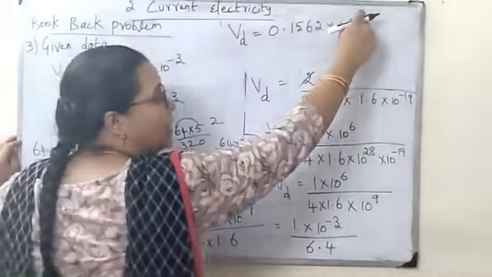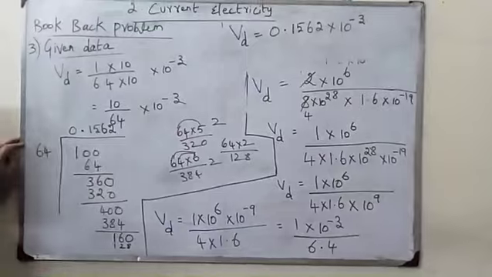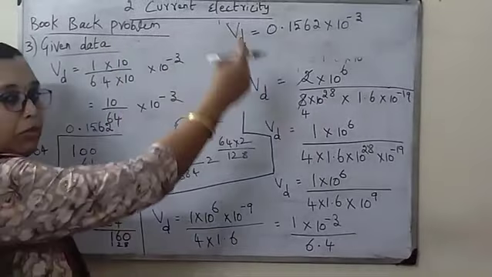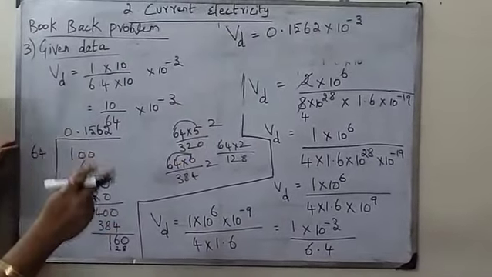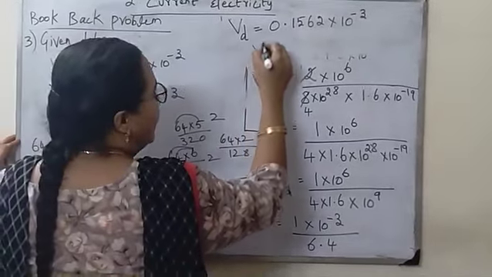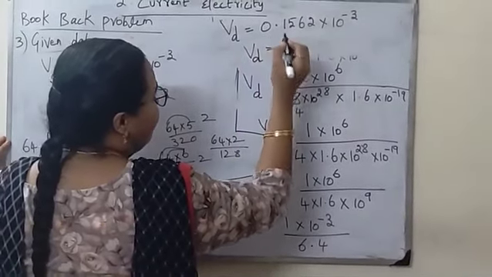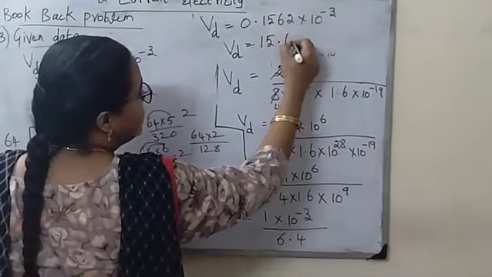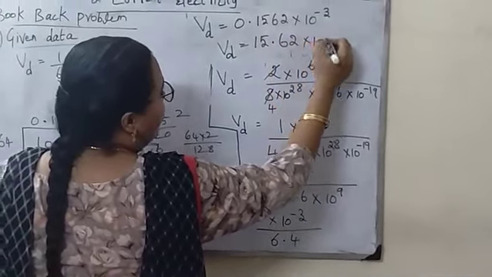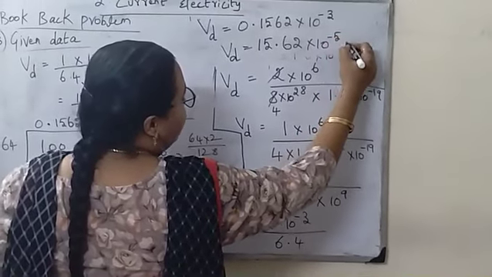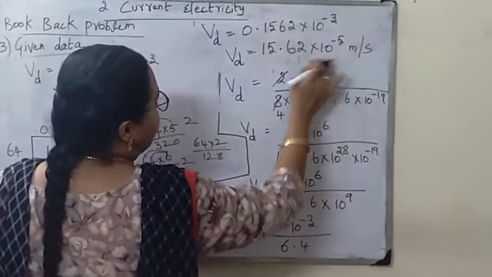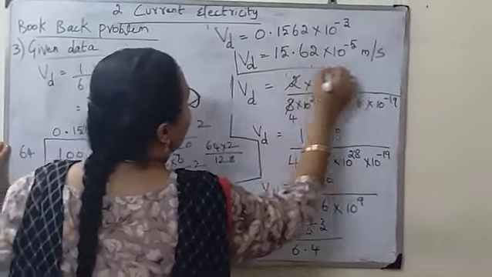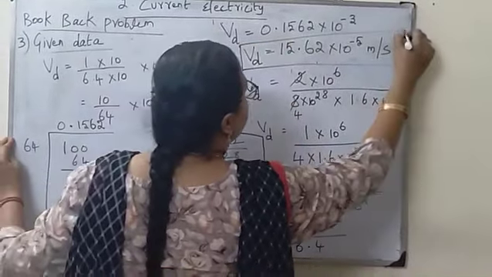That means in the power also we have to add 2 numbers, 10 power minus 3 again minus 2, so we will have 10 power minus 5. So average drift velocity is equal to 15.62 into 10 to the power of minus 5 meter per second. This is the answer for drift velocity.